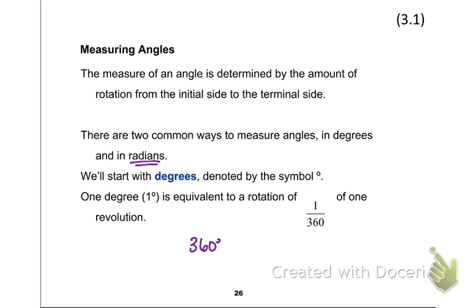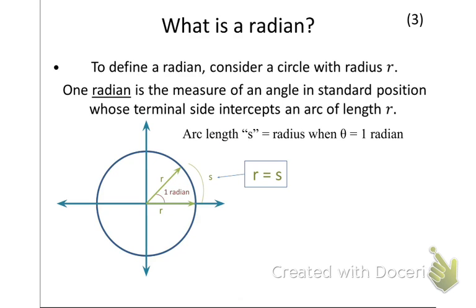We can convert back and forth from one another, just like we can convert between degrees and radians. With degrees, we tend to see integer values, whereas with radians, we're going to be dealing a lot with pi. So as we move forward, you will get to know pi very, very well.